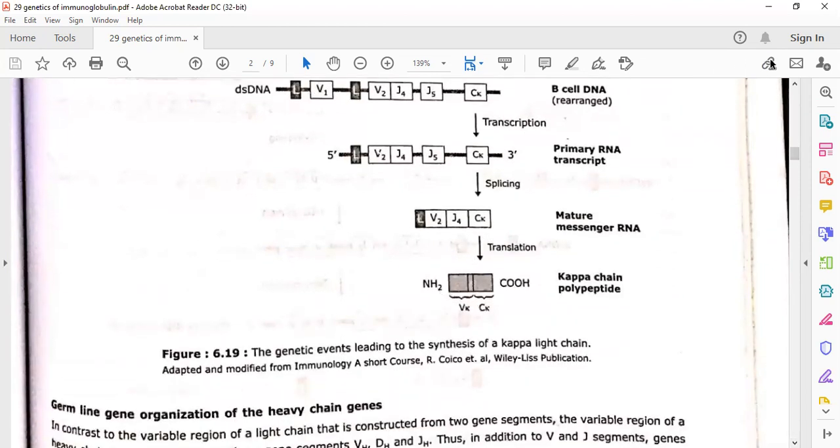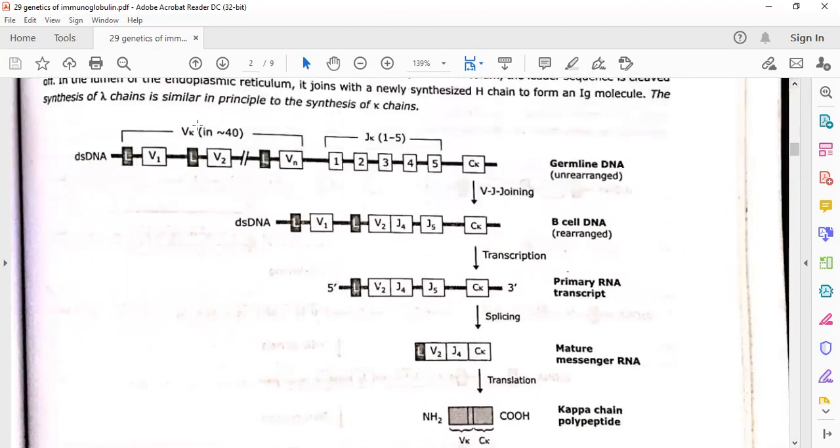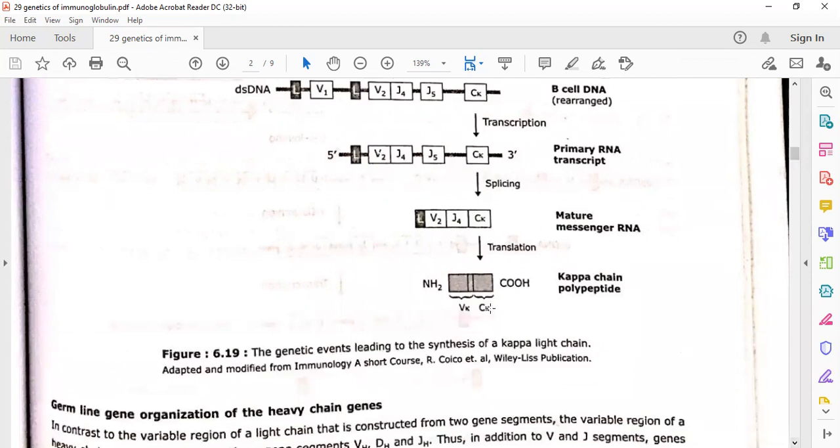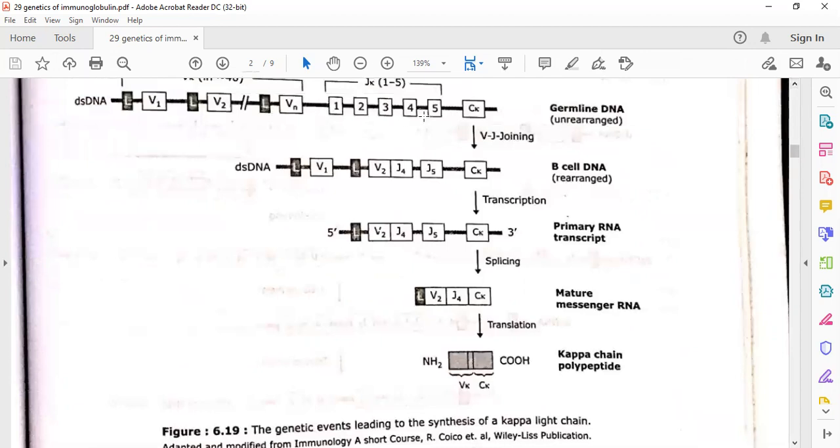After that, one thing must be understood here. This is the DNA. It goes rearrangement, it goes transcription, it goes splicing, it goes translation, and then it makes a complete kappa chain polypeptide. So a protein is formed at the last. First, this is the gene arrangement of the DNA. This gene arrangement of the DNA goes rearrangement and transcription.